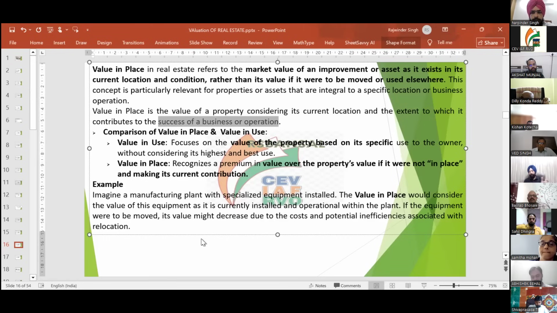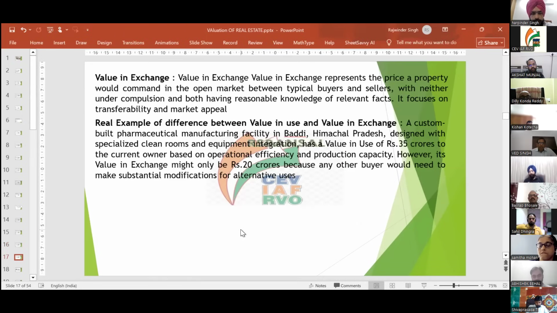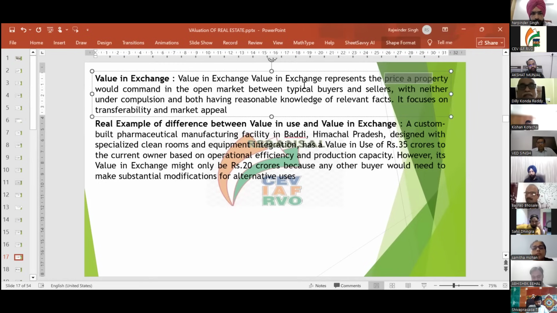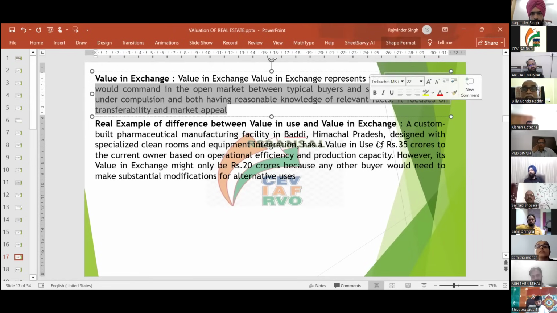So you must understand the difference between value in place and value in use. And next is value in exchange. Value in exchange represents the price a property would command in the open market, typically between buyers and sellers with neither under compulsion and both having reasonable knowledge of relevant facts.